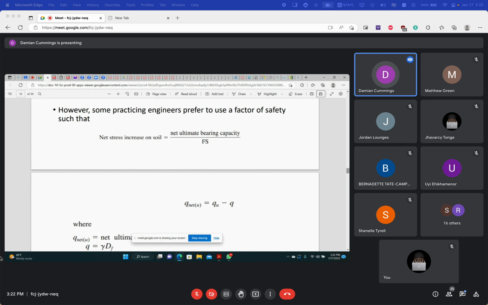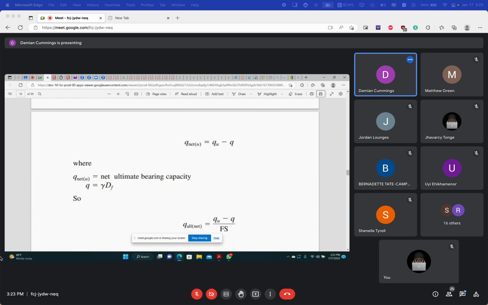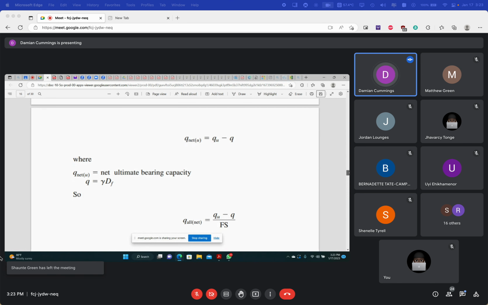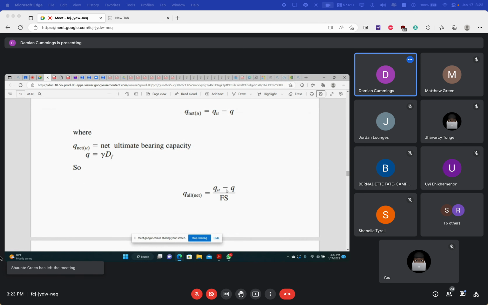q_net, or net ultimate bearing capacity, is equal to q_u minus q, where q is again gamma D_f, and q_all,net is equal to (q_u minus q) over FS.